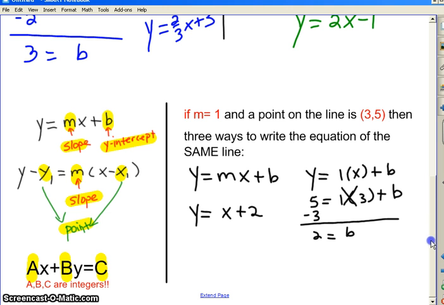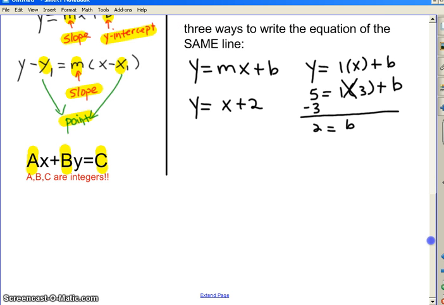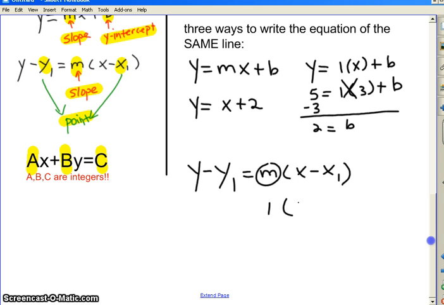I can also use the same information to write the point-slope form: y minus y1 equals m times x minus x1. My slope is 1, and the x-coordinate of my point is 3, so x minus 3. And the y-coordinate is 5, so y minus 5. So this is the point-slope form of the equation.